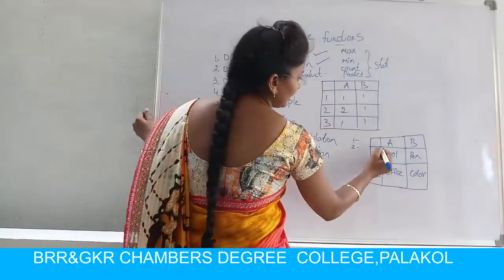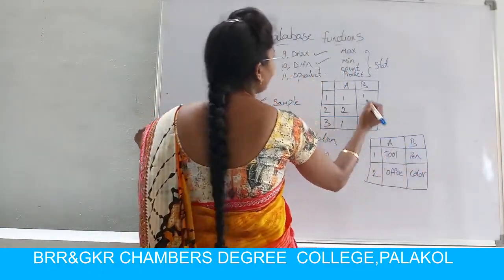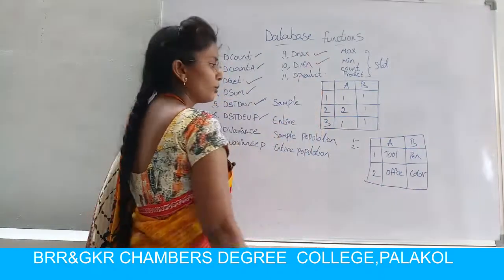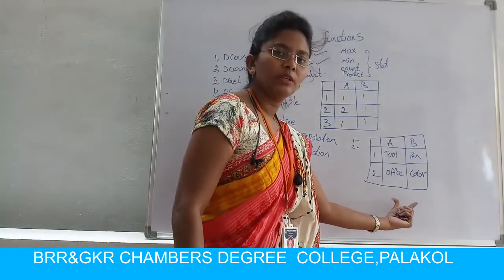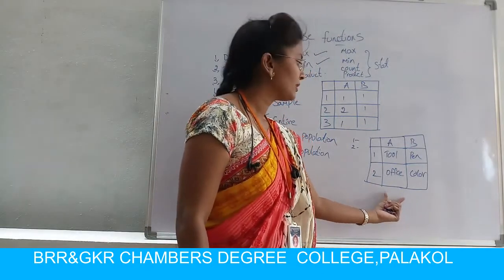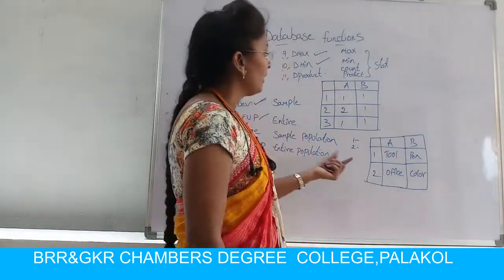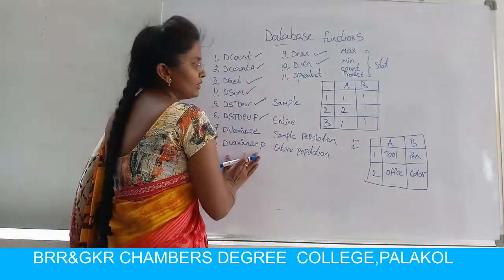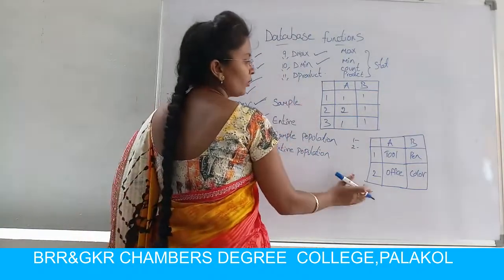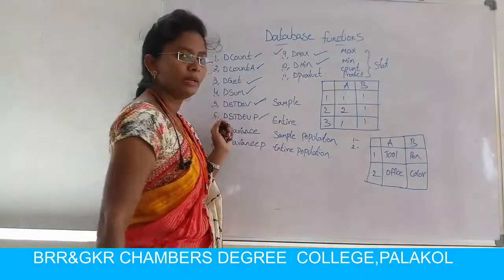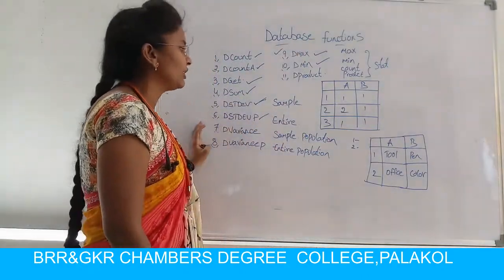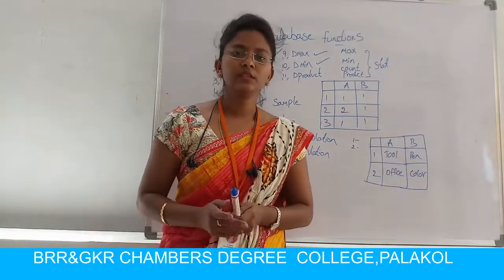If I select this data and apply maximum, minimum, product and some functions to this Excel sheet, it won't appear. Why? Because this is text. According to the functions, it will take either numbers or other data, depending on the function name. These are the functions available in the Excel sheet.